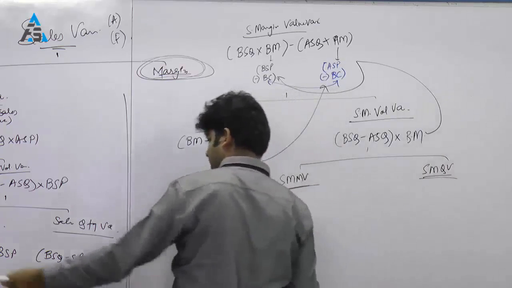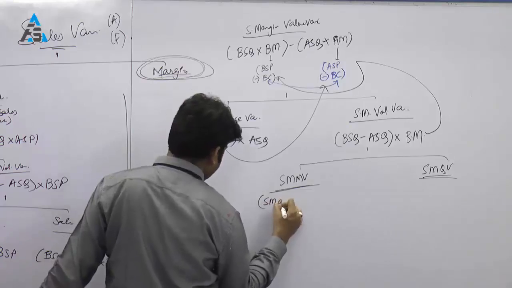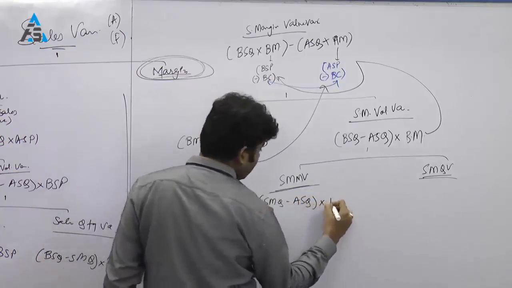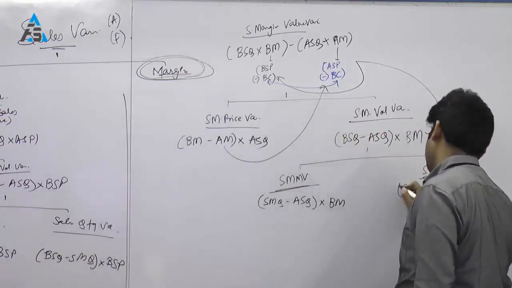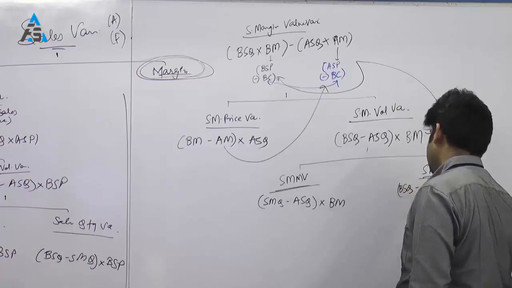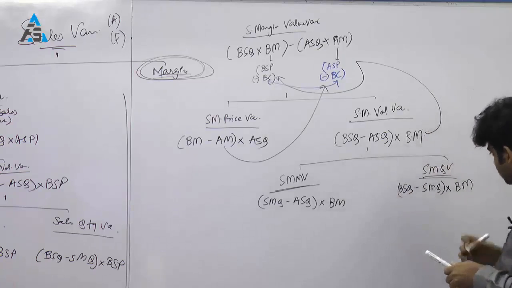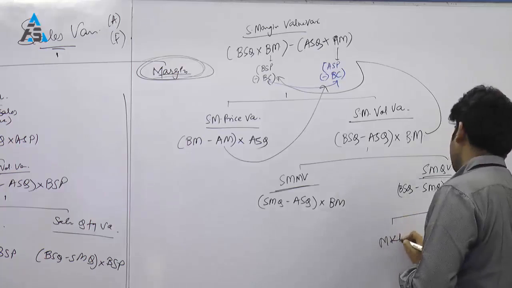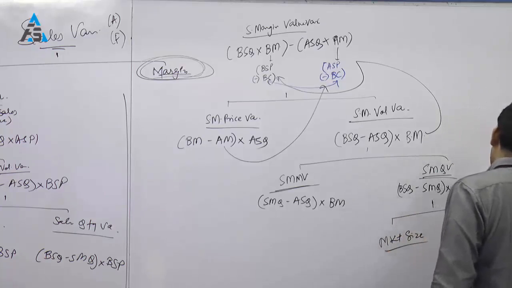The sales margin mix variance is the same as before: standard mix sales quantity minus actual sales quantity into budgeted margin, whereas this will be budgeted standard quantity minus standard mix sales quantity into budgeted margin. This is further subdivided into market size and market share.